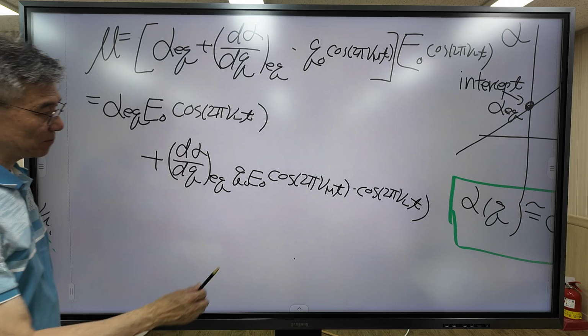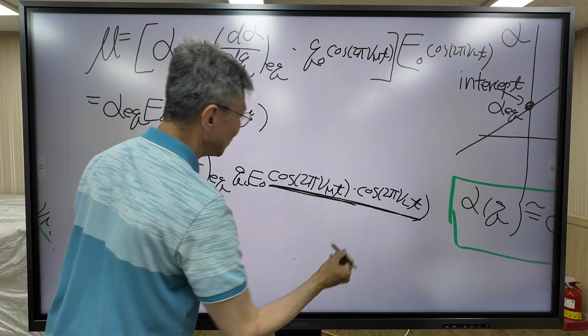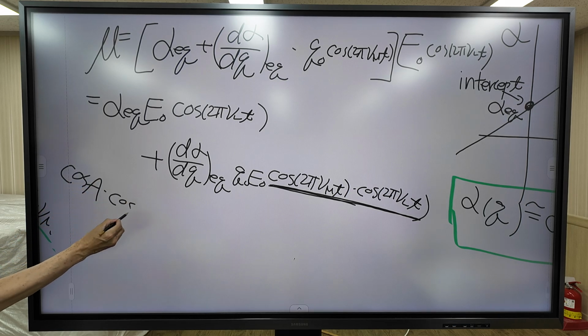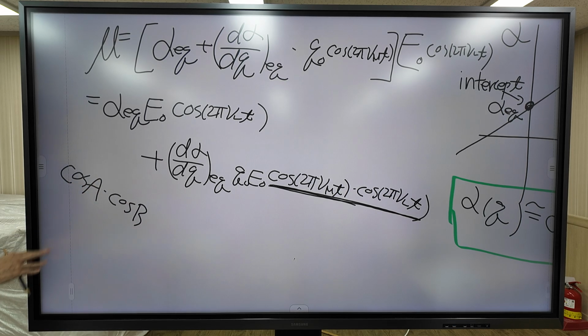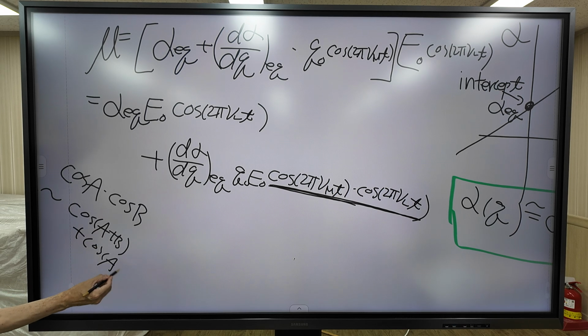Now for this term, you may remember this trigonometric identity: cosine A times cosine B is proportional to cosine A plus B plus cosine A minus B. There may be a factor of 1 over 2.